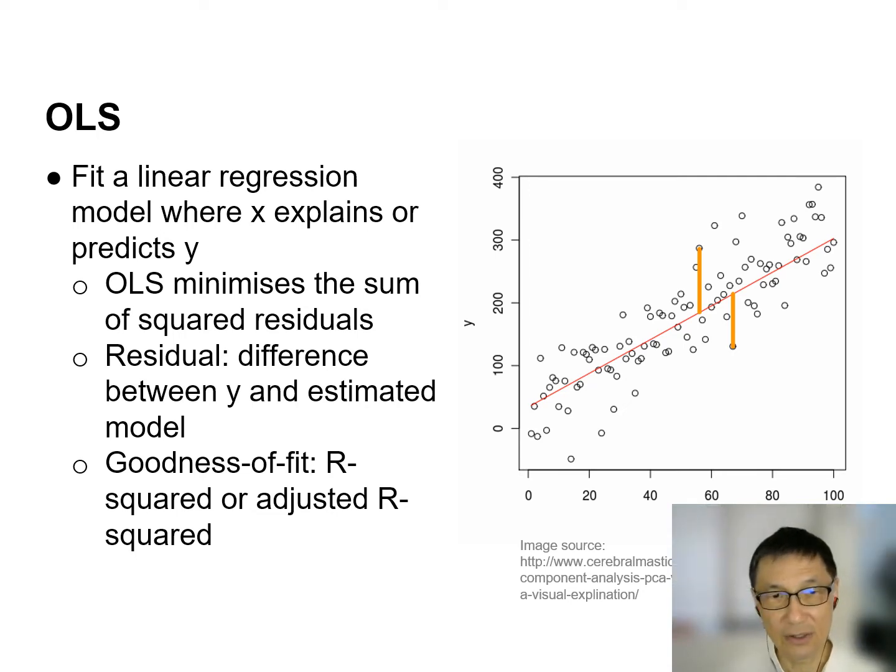The residual is the difference between the Y and the estimated model. So here's a Y, and there's the estimated model. For that X, that's the residual. Residuals can be negative, they can be positive. Now, the reason why OLS is set up to minimize the sum of the squared residuals is to give equal weight to positive residuals and negative residuals.